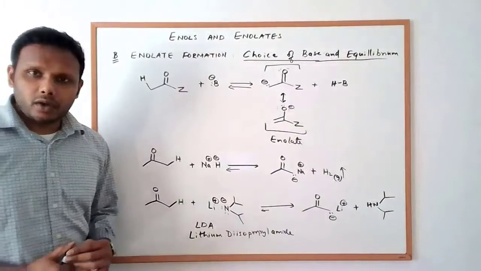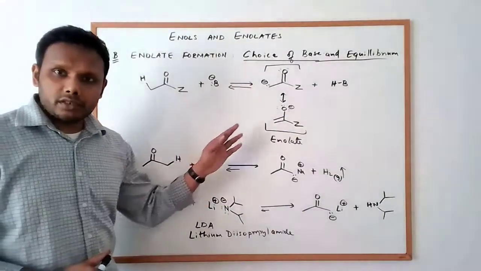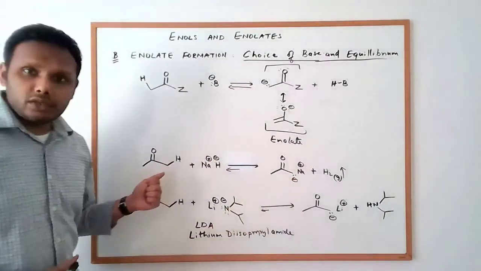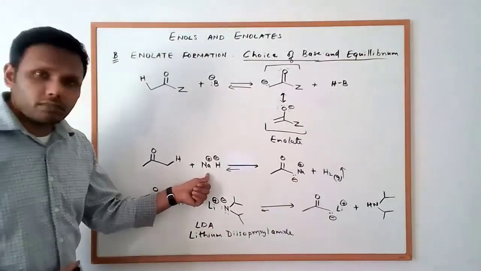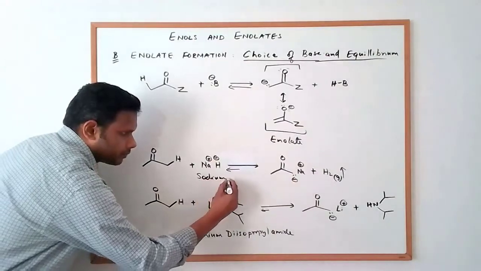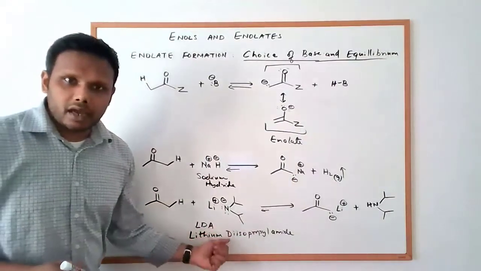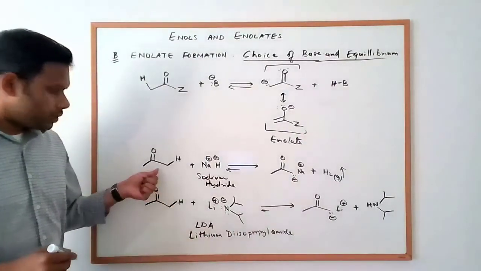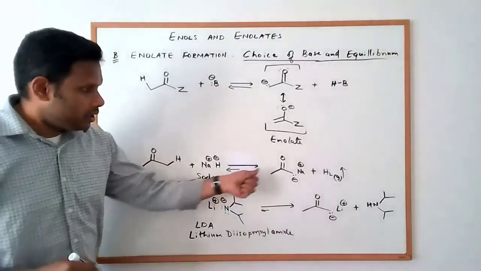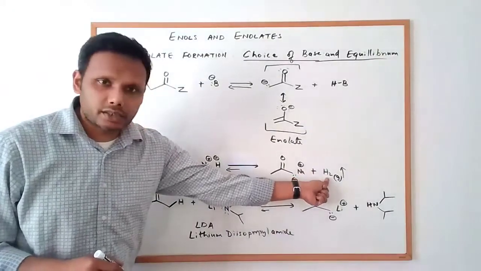For simple carbonyl compounds, to push the equilibrium of the enolate formation in favor of the enolate, we can use other bases like sodium hydride, or lithium diisopropylamide. When you react a simple carbonyl compound like a ketone with sodium hydride, you get the enolate and you make H2, hydrogen.